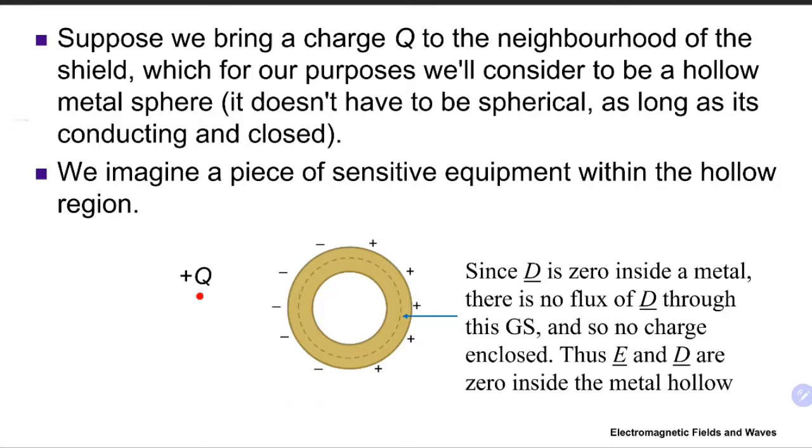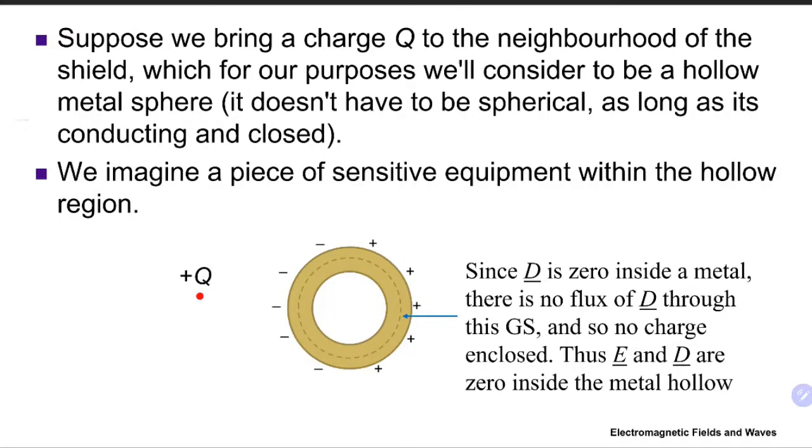then the electrons will draw towards where Q is and leave behind a positive charge on the other side. But overall, this hollow conducting ball is still neutral. The charge redistributes at the outside, but inside this ball where the hollow bit is, there is still no charge.